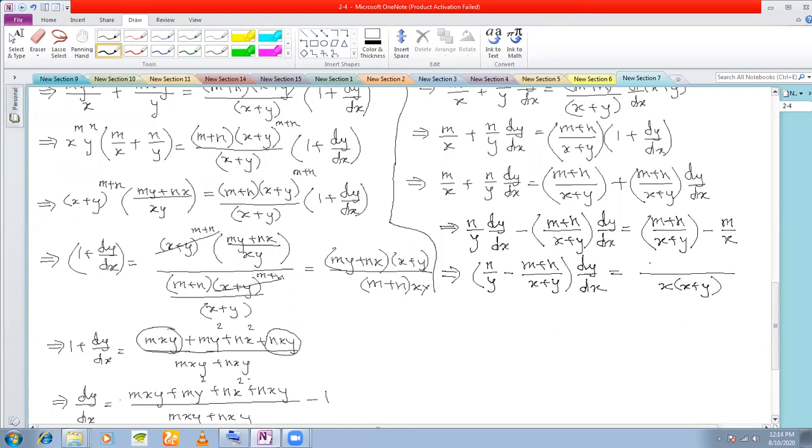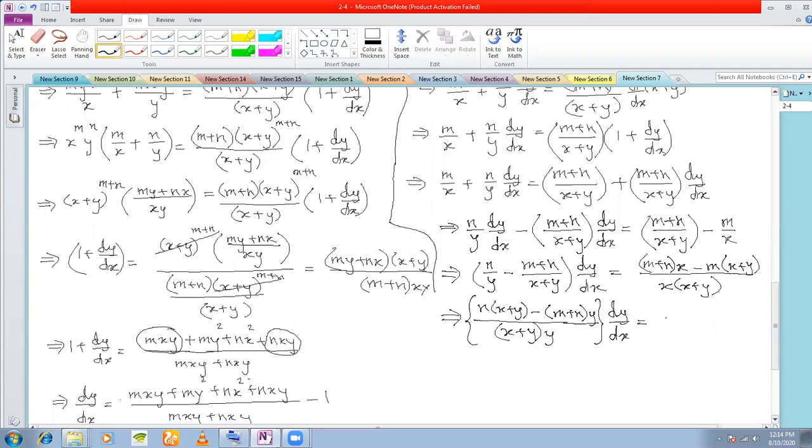So you get (m plus n) into x minus m into (x plus y). You can take the LCM here also, so you get (x plus y) into y as your LCM. You get n times (x plus y) minus (m plus n) times y, dy/dx.